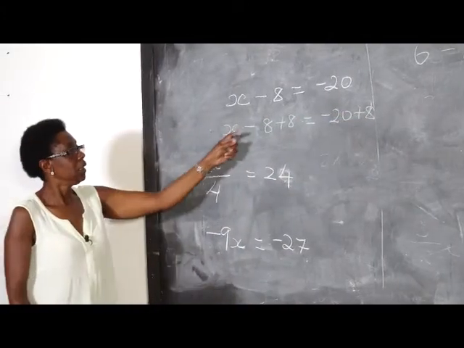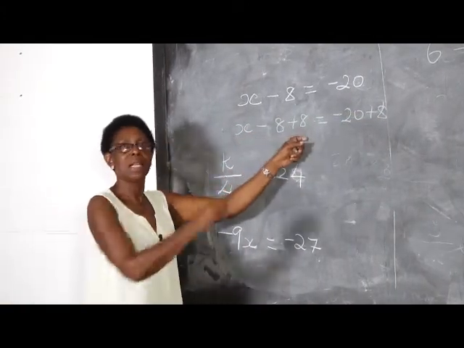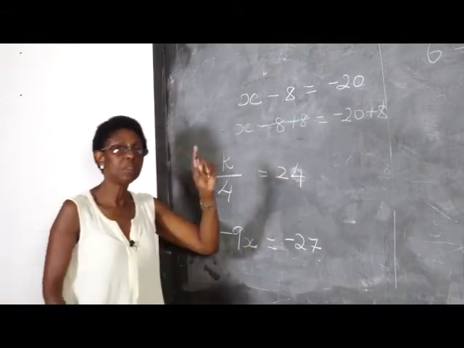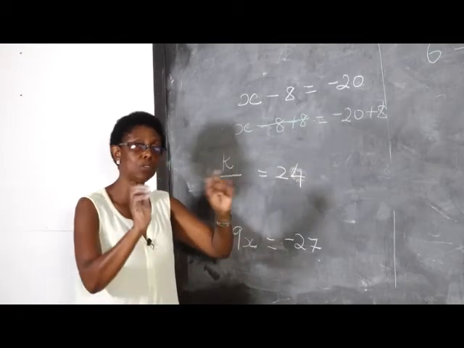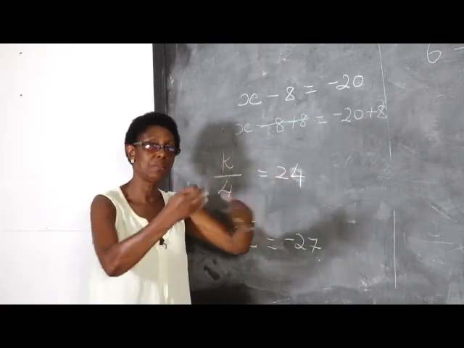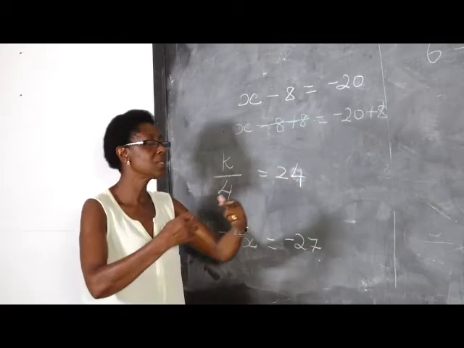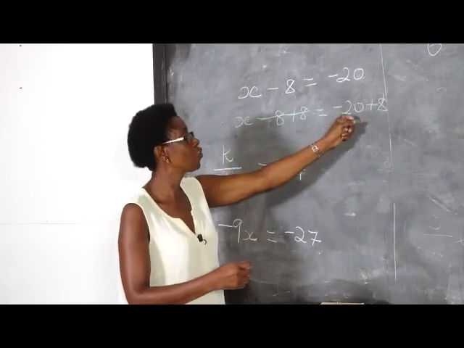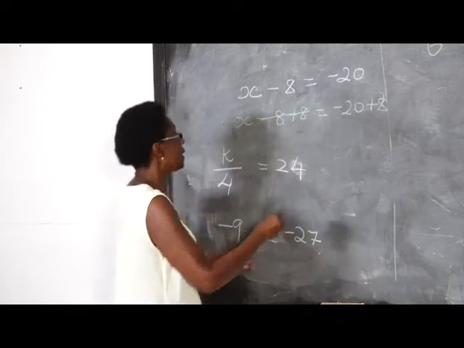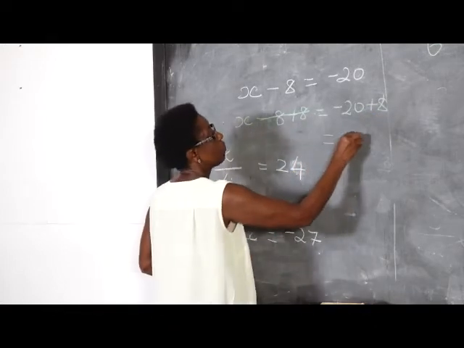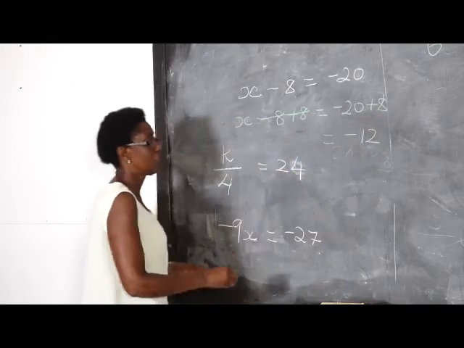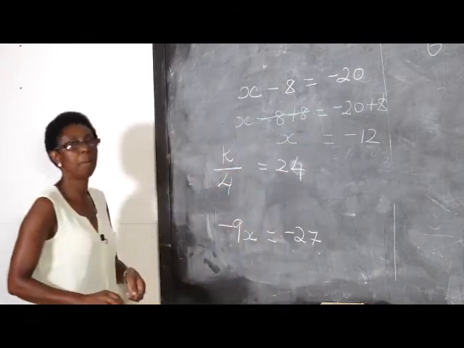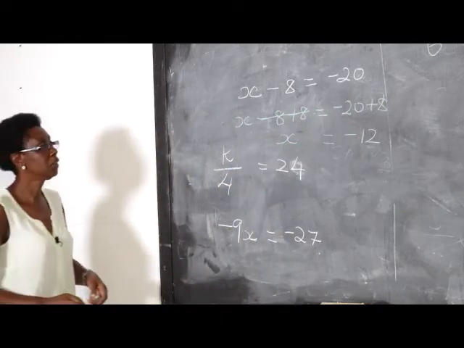Minus 8 plus 8 is 0, so these two cancel each other. You need to be very good at your negatives. If you're not quite sure, practice this before your next lesson. So minus 20 plus 8 would give you the answer of minus 12. So we've got x equals minus 12.